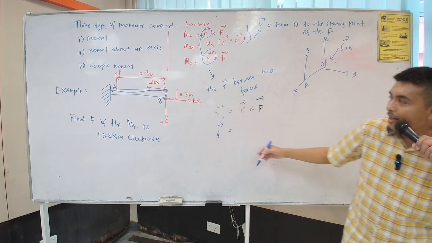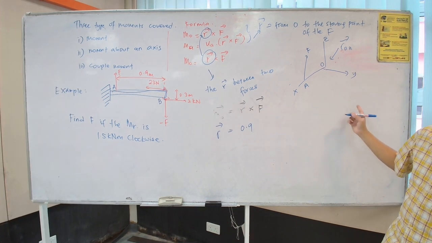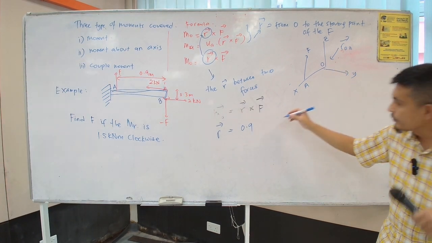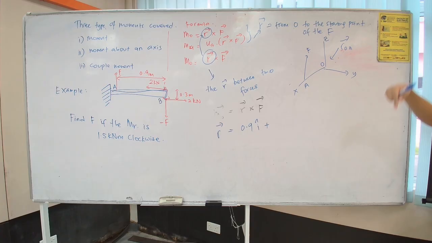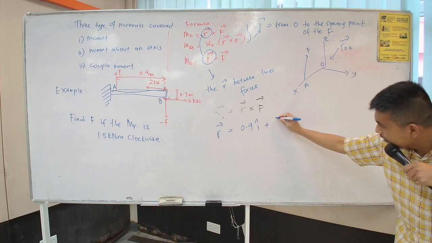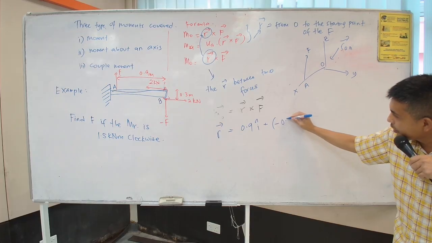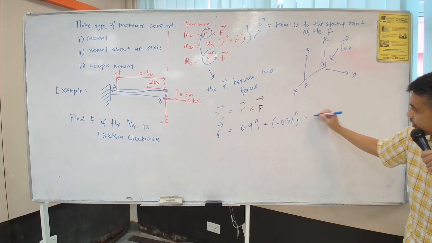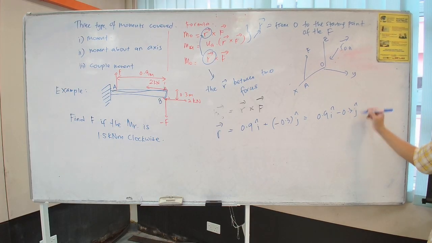So firstly, it travels 0.9 in the X direction, I, plus, and then it goes down how much? 0.3, I or J? Positive or negative? Negative. So plus negative 0.3 in the J direction, which is 0.9 I minus 0.3 J.